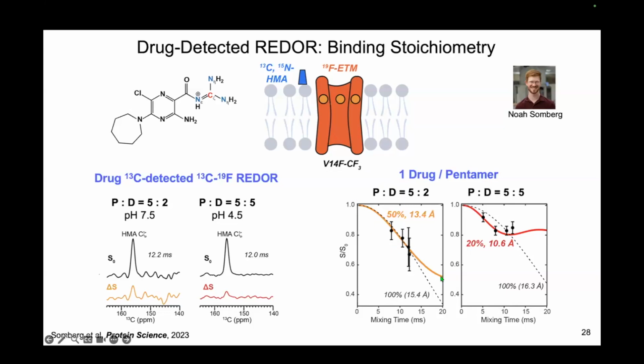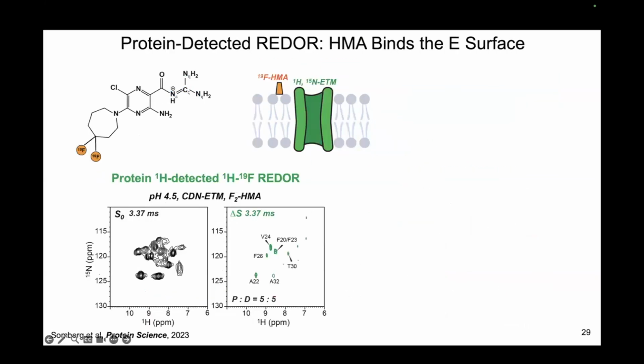When you detect the drug, you can see that the signal goes down to about half, approaching half, which means that only 1 out of 2 drugs is in contact with the protein. And when we have another sample, which is 5-5 drug to protein, you can see that the drug signal decays only to about 80%, again saying that only 1 out of 5 drugs is in contact with the protein. So this allows us to conclude that the stoichiometry is 1 drug per pentamer in the lipid bilayer.